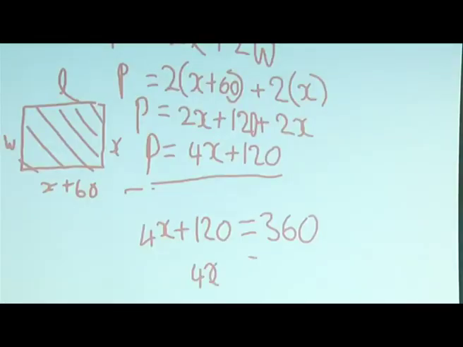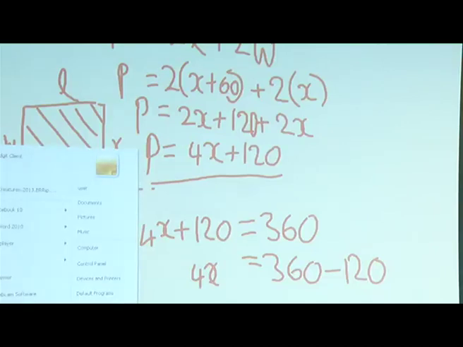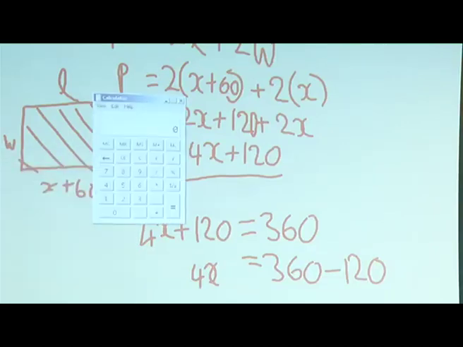4x is equal to 360 minus 120, because since 120 is added, we can subtract 120 both sides to solve this equation. And then 360 minus 120, how much are we going to get? That is 360 minus 120.